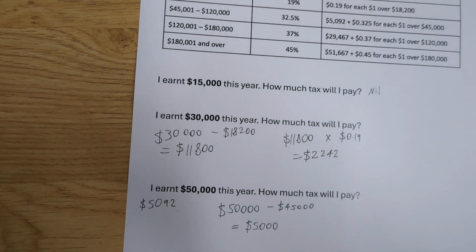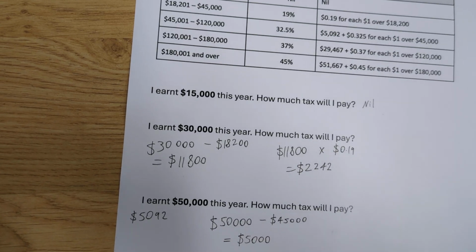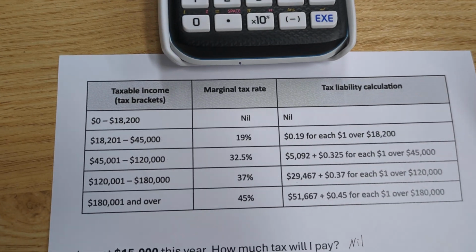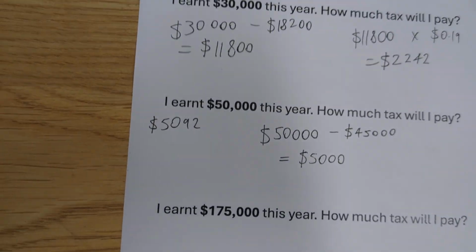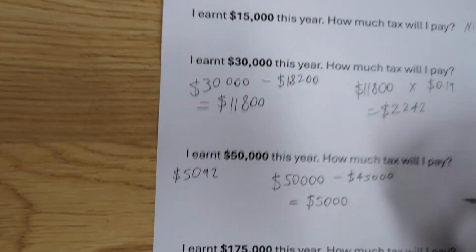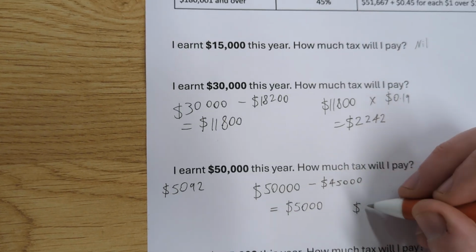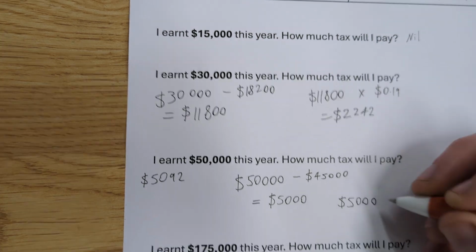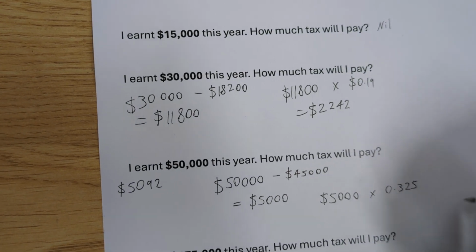So we need to look at that number and calculate tax off it. 32.5 cents for each dollar over 45,000. There are $5,000 that's over 45,000, so we need to times that, same as what we did up here. 5,000 times 0.325.